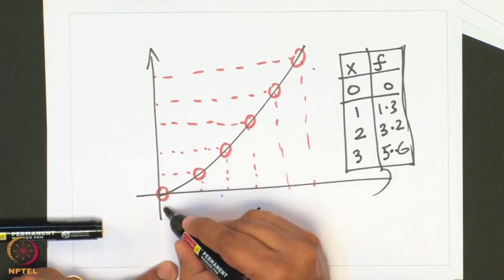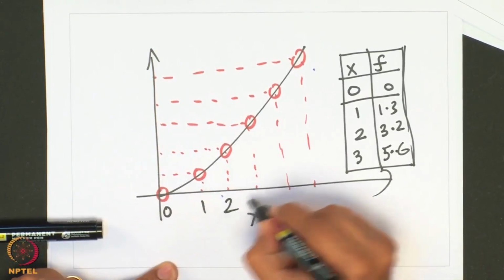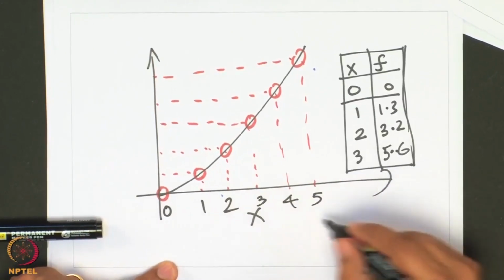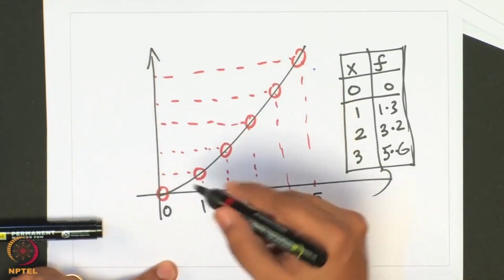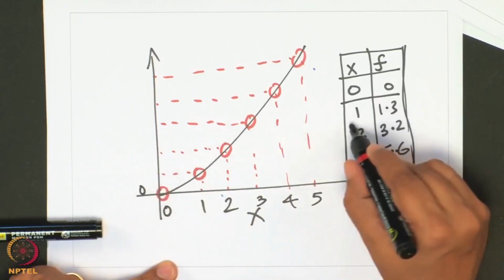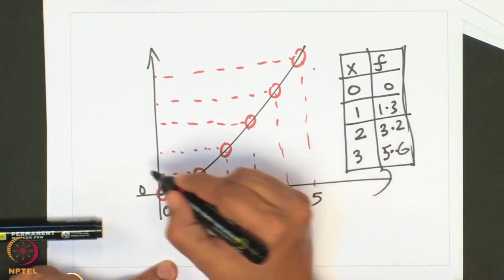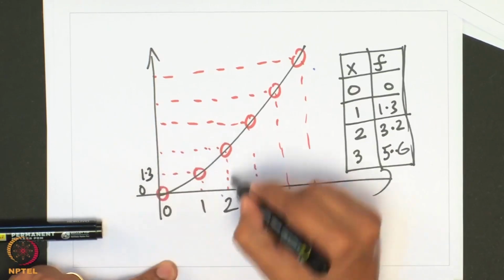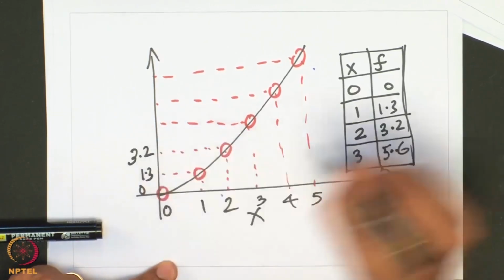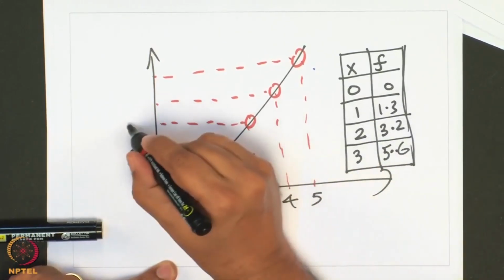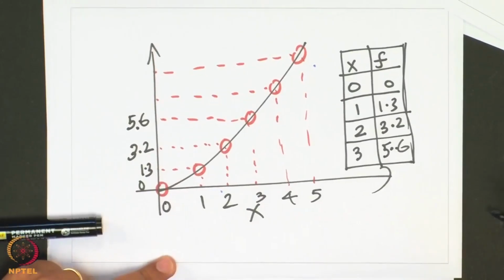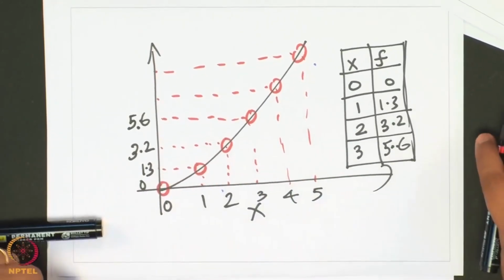So we have x values 0, 1, 2, 3, 4, 5, and for each value correspondingly we have some y value. For 1, let us write this as 1.3. For 2, let us write this as 3.2. For 3, let us write this as 5.6, and so on. This is just an example I am writing.